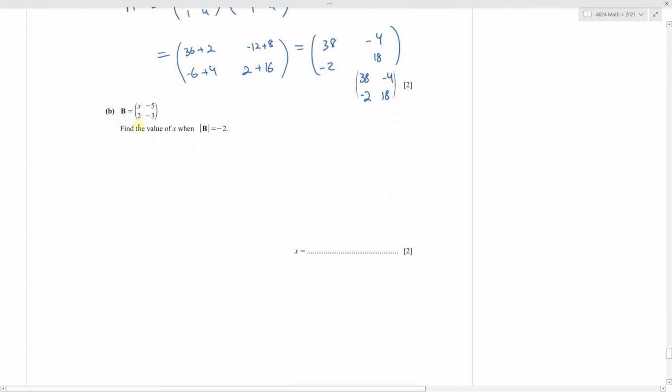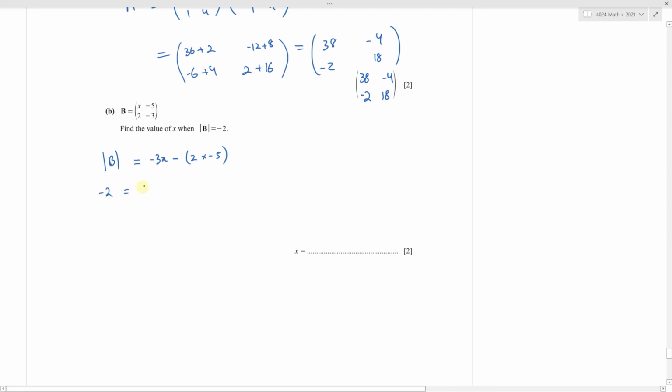Part B, you're given matrix B. Find the value of x when determinant of B is minus 2. So determinant of B is calculated: you multiply these two values, minus 3x, and then minus the product of these two values, which is 2 times minus 5. And you know the determinant is given.